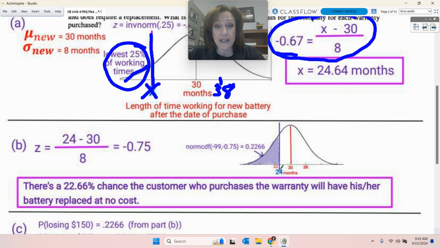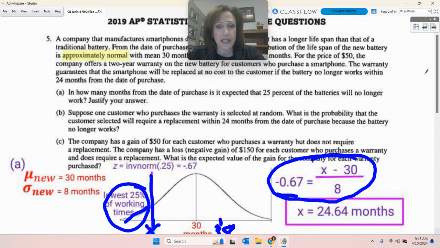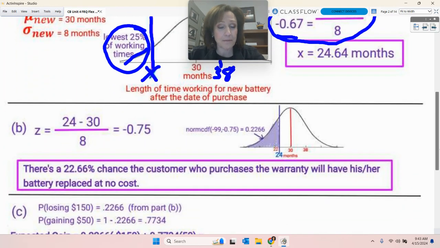X is 24. That's what they were wondering about. And I have to show this shaded area below 24. So anybody that had 24 months or less will be replaced within 24 months from the date of purchase.